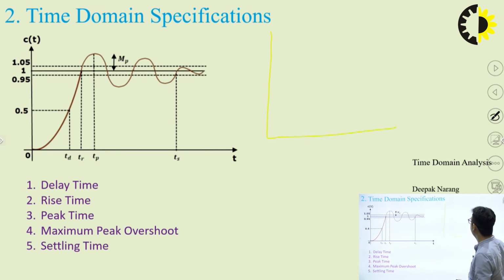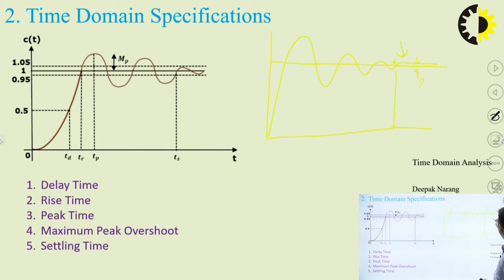Settling time is defined as the time after which oscillatory behavior dies out, or we can say the time at which the system settles to a steady state condition.